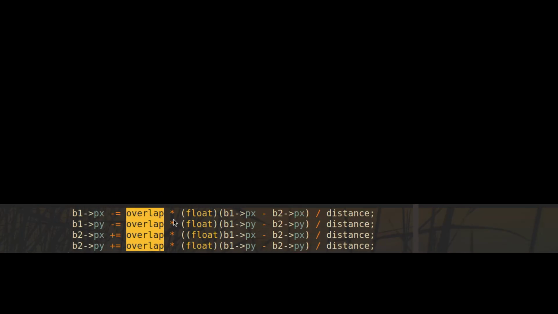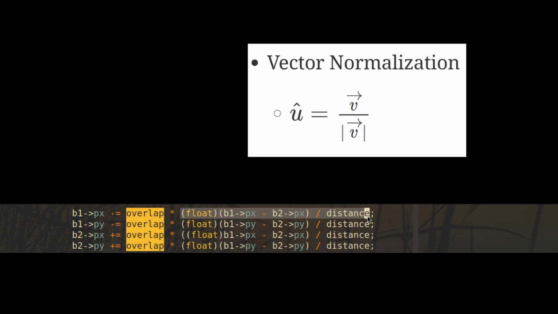And then this should look familiar to you because we're getting the normal vector, or the unit vector. I think it's also called the unit vector. So we're taking the vector for x, the x vector, and then we're dividing it by distance.